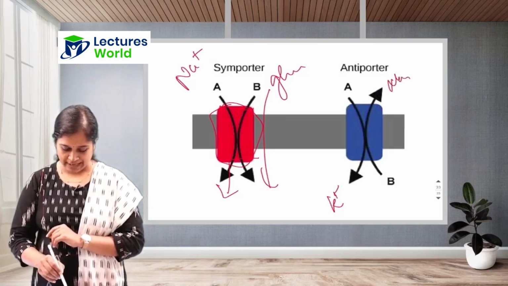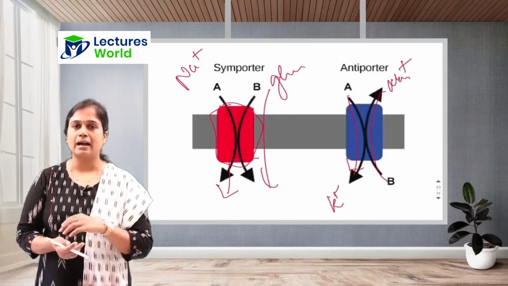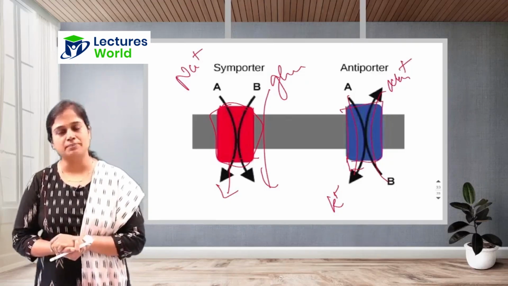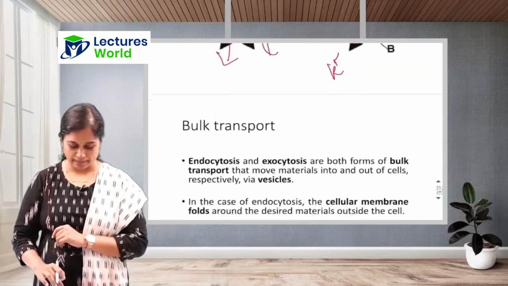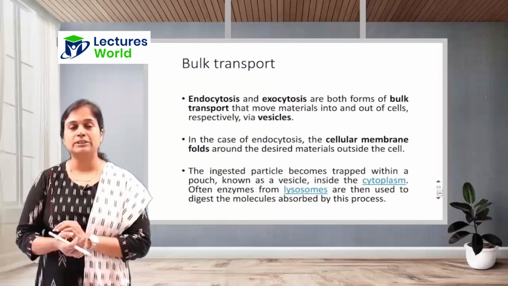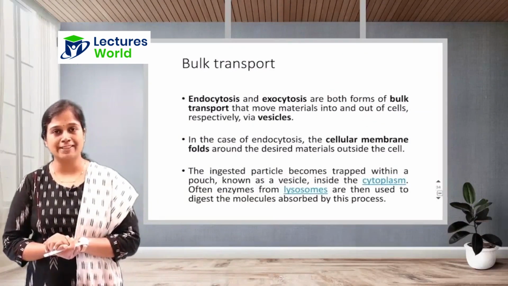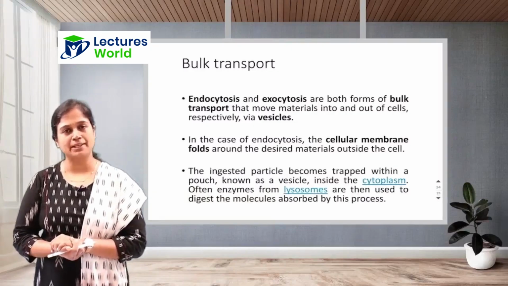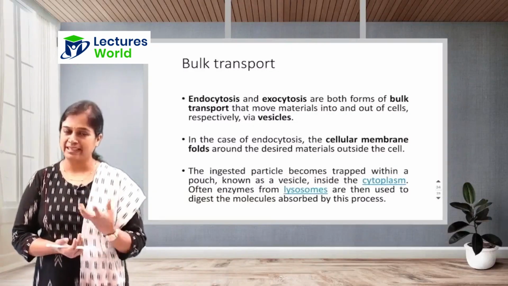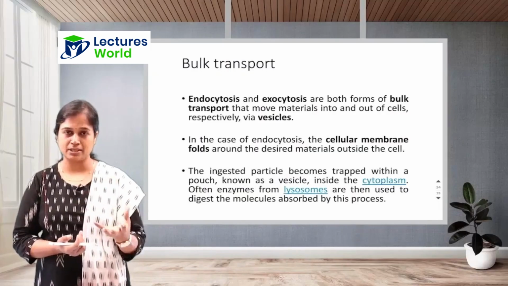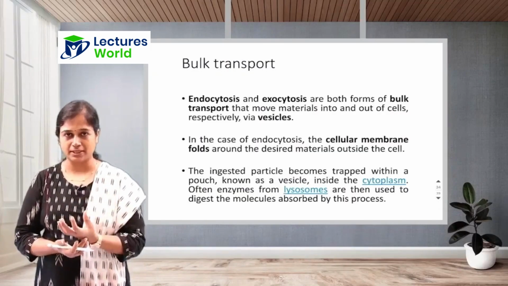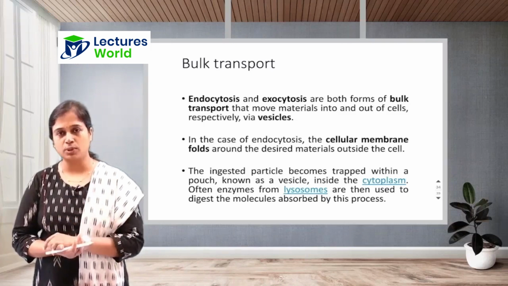So the K+ comes inside the cell and the Na+ goes outside the cell, and this protein is known as the antiporter. So this was all about active transport. Active transport has two types, primary active transport and secondary active transport. Primary active transport uses ATP and secondary active transport uses the electrochemical gradient, and that moves the molecules.